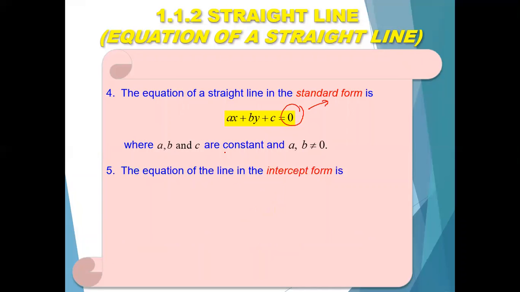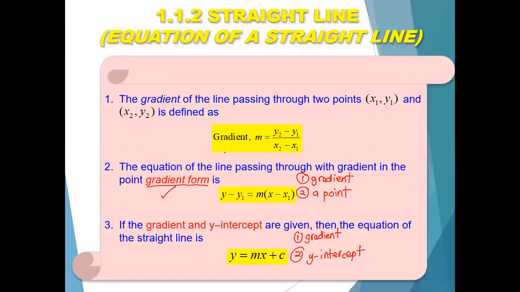Again, saya ulang. Kita ada a few types of equation of a straight line. The first one kita ada gradient form. Bila nak guna gradient form? Bila you tahu information of the gradient and also you are given a point, so you can use the gradient form.